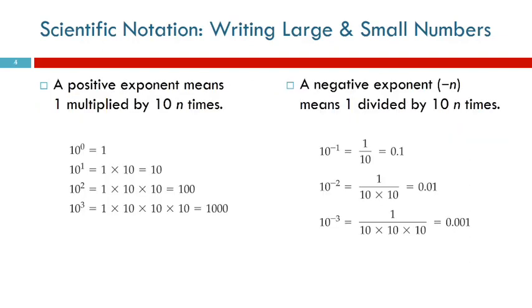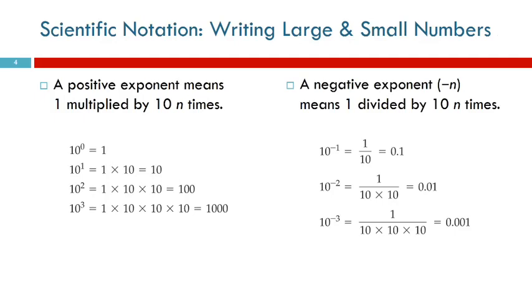If the exponent is positive, it means that you've got a 1 multiplied by 10 that many times. So 10 to the 0 means 1 multiplied by 10 0 times, so that's 1. 10 to the first power is 1 times 10 once, that's 10. 10 to the second power is 1 times 10 twice. 10 to the third, 1 times 10 3 times.